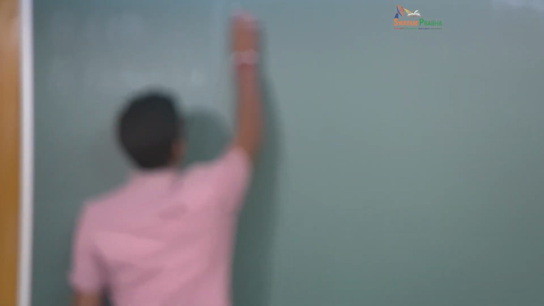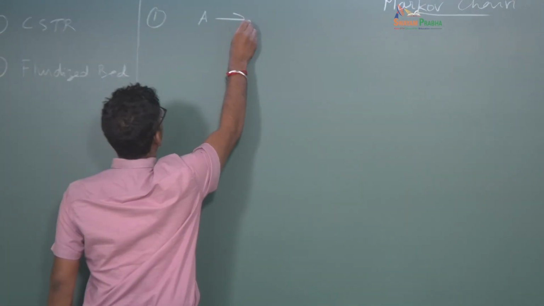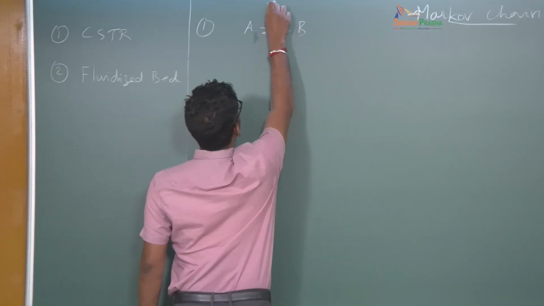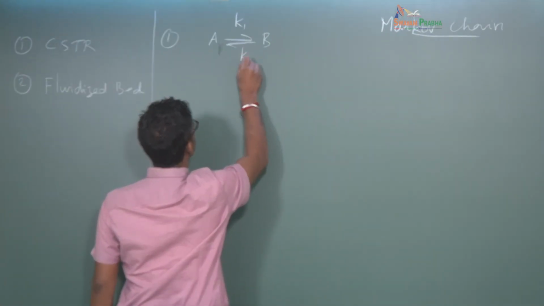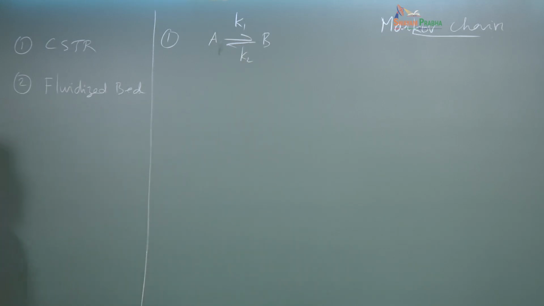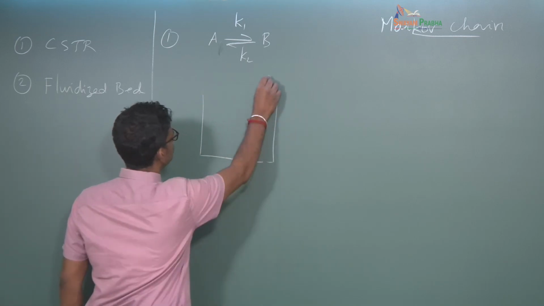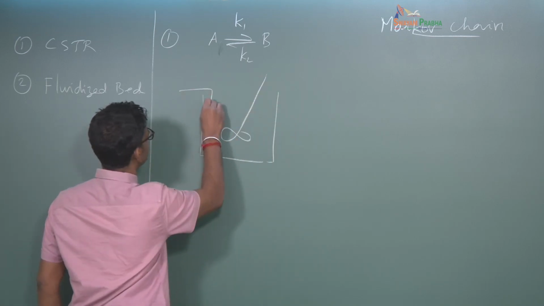So the first problem is, let's say you have a reaction A going to B reversibly, with rate constants K1 and K2. So you have a CSTR.